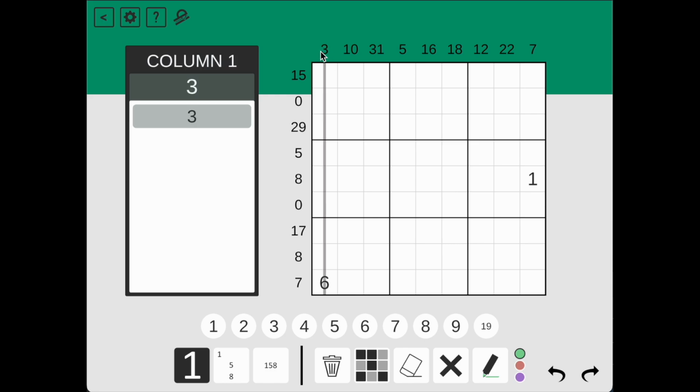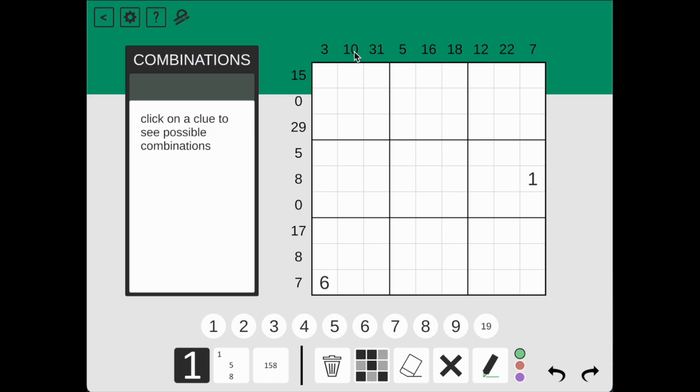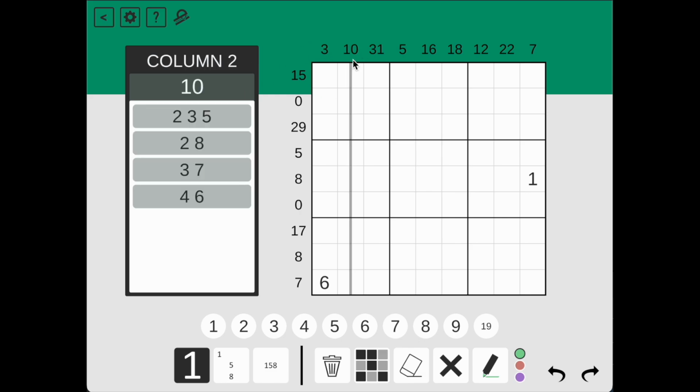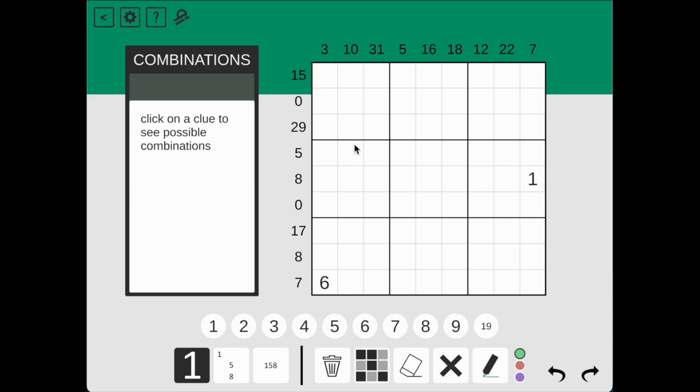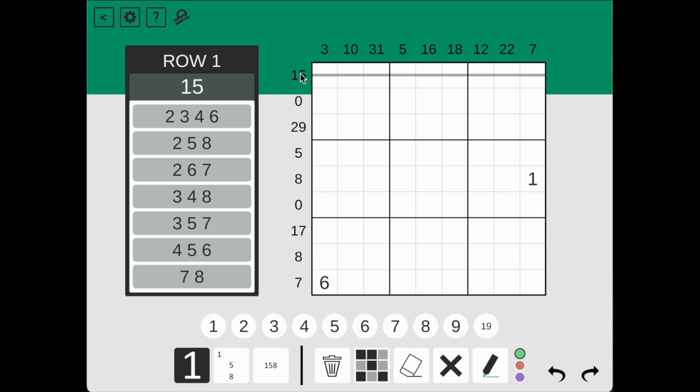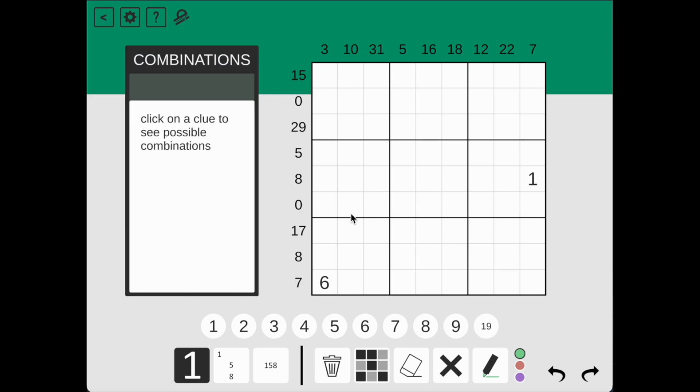I can touch this 3 and see there's only one way for that to happen. In this column, the digits between the 1 and the 9 will add up to 10. In these rows, the digits between the 1 and the 9 add up to the number on the side.